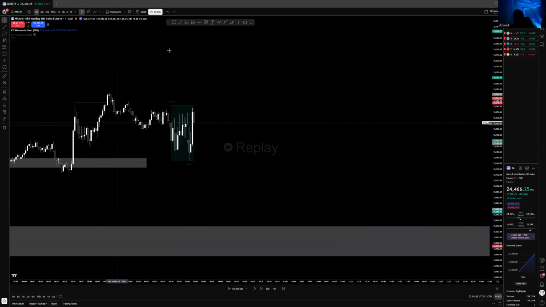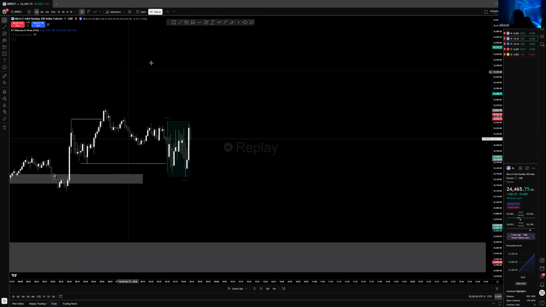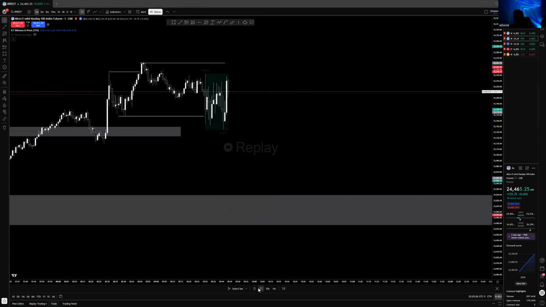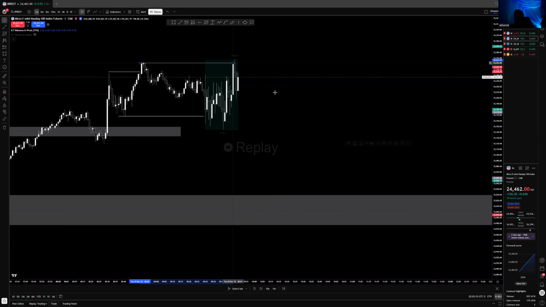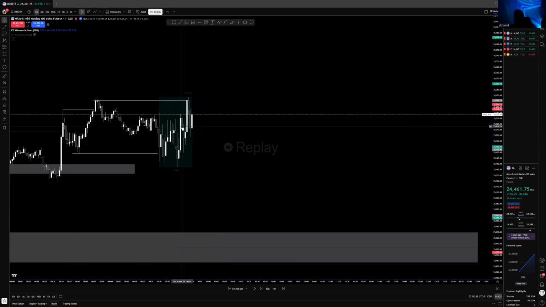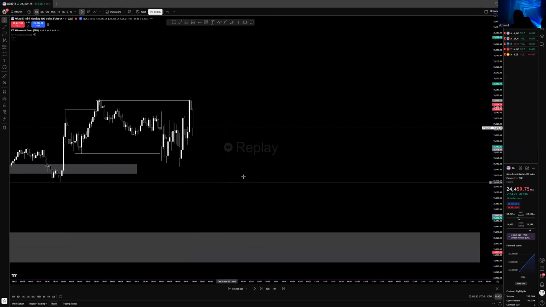We didn't actually have any entry right here because we swept this, but we didn't sweep out this high in order for the price to go down. Let's see: sweep, sweep, sweep, sweep, clean sweep. So we have an inversion right here, but that can be a risky entry, to be honest.